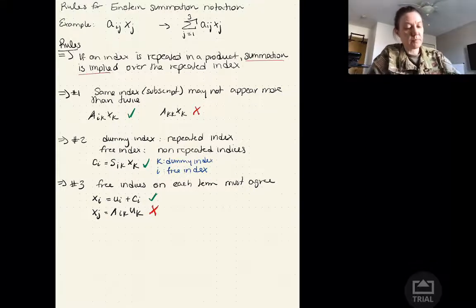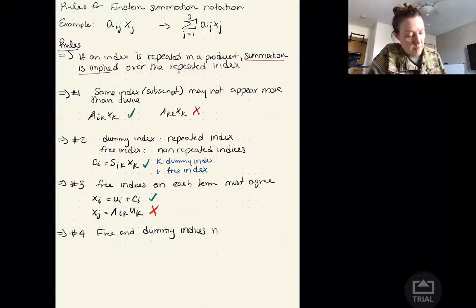Okay. And finally, the last rule, which is a bit disconcerting, I freely admit, is that free and dummy indices may be changed without altering the meaning of the expression.